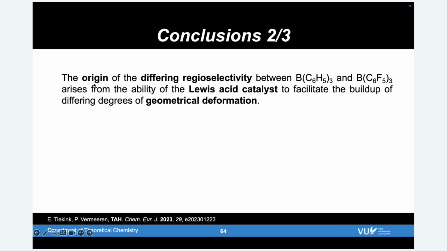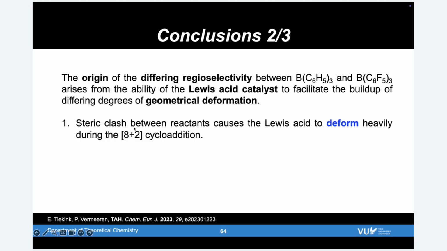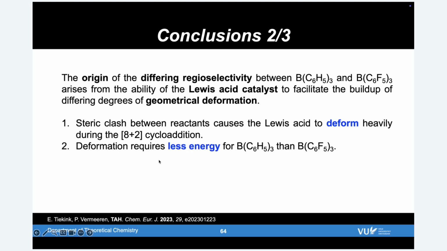And so we were able to find out that the origin of the differing regioselectivity between the triphenylborane and the perfluorinated version arises from the ability of the Lewis acid catalyst to facilitate the buildup of differing degrees of geometrical deformation. So the steric clash between the reactants causes the Lewis acid to deform heavily during the 8+2 pathway. We saw that on the previous slide. And this deformation requires less energy for the triphenylborane compared to the perfluorinated Lewis acid.